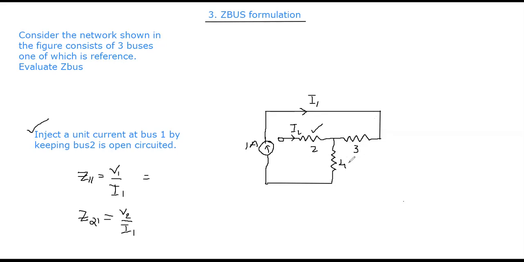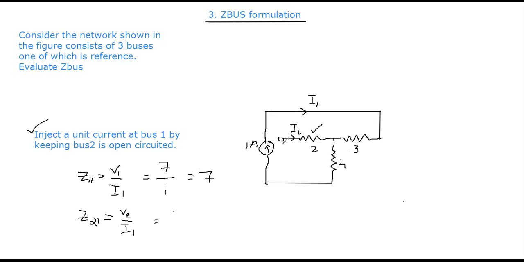These 3 and 4 get connected in series, so 3 plus 4 is 7. So total 7 volts, V1 is equal to 7. V is equal to IR, please remember that. So 7 by 1. We know that I1 is equal to 1 ampere. So obviously Z11 is equal to 7. Similarly, V2.